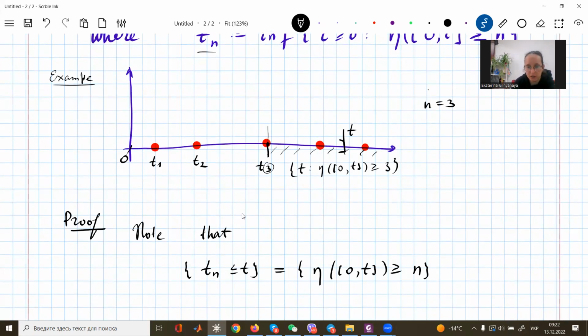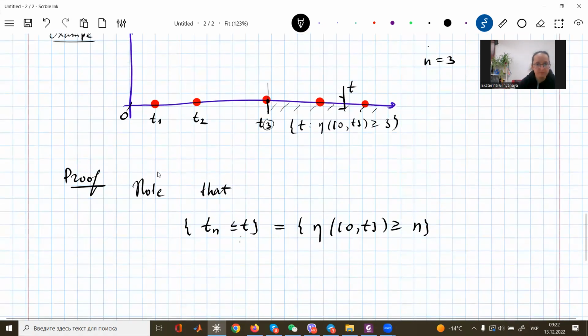And vice versa, if the value of the interval from 0 to t is greater than n, this means that Tn is smaller than t. So this is equality for the event.